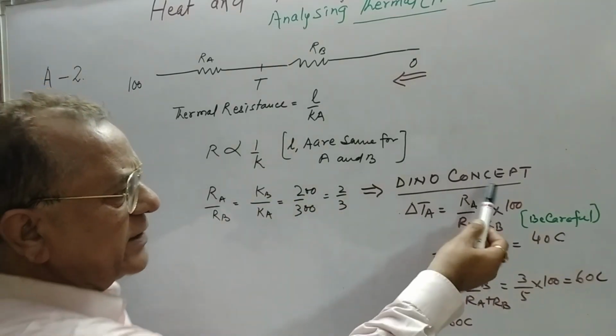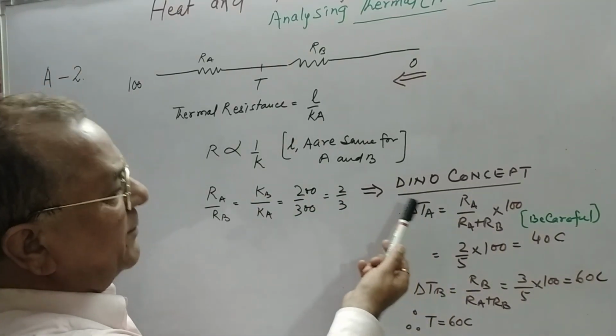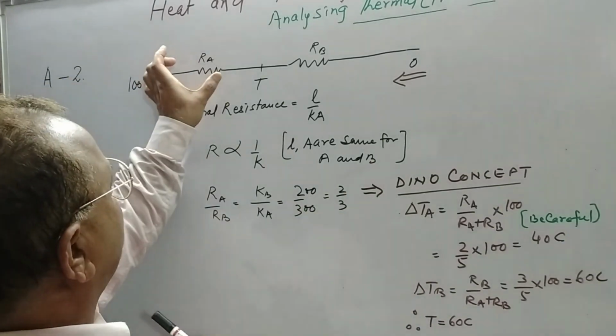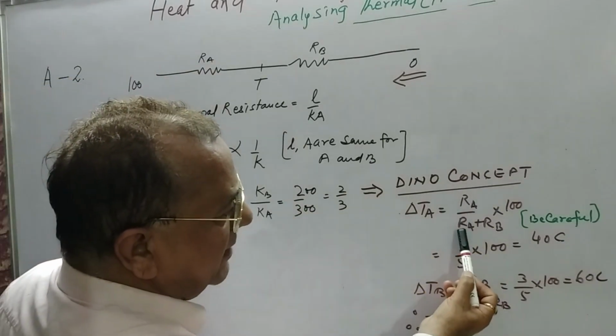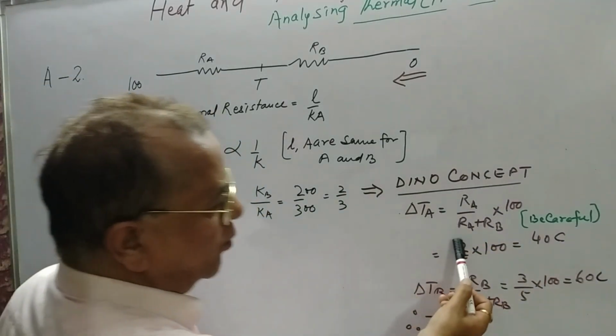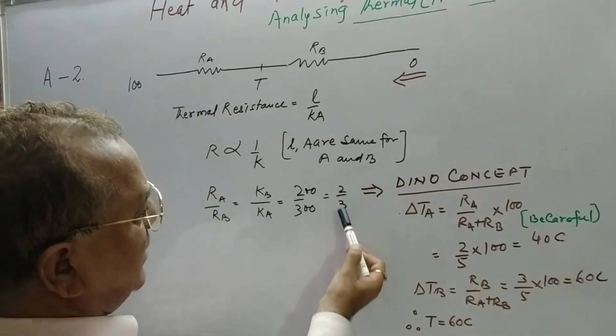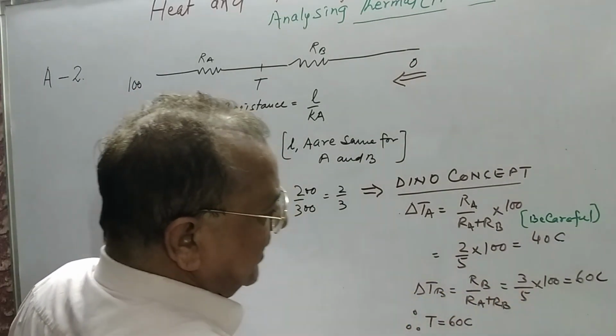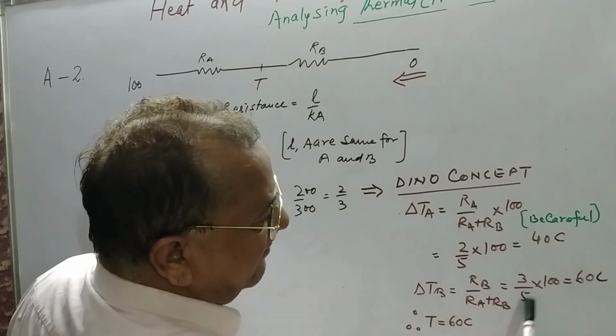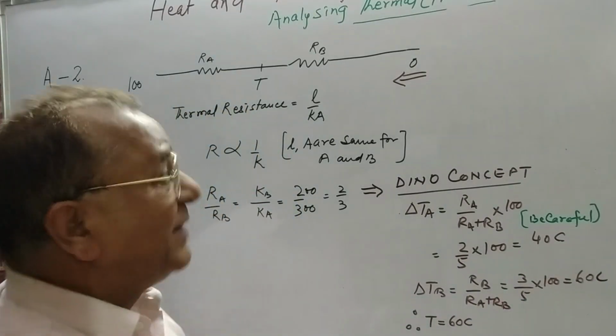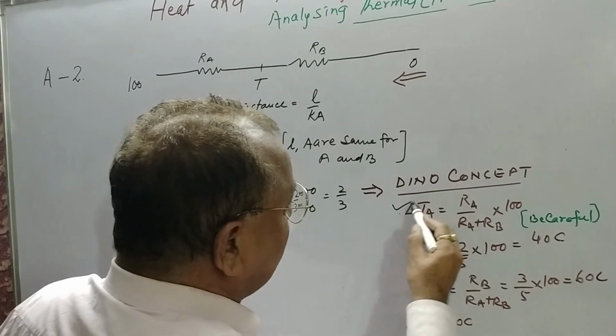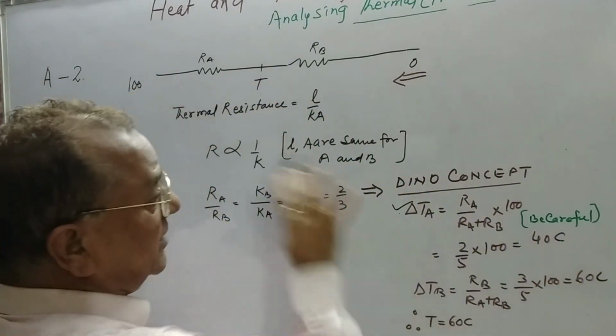Now, you apply the voltage divider concept, that is, division of temperatures. Delta Ta, that is the first one, is equal to Ra divided by the total resistance into 100, that is 2 by 5 into 100 degrees. Delta Tb is equal to 3 by 5 into 100 degrees, 60 degrees. But be careful. The temperature difference is 40 degrees, not the temperature.